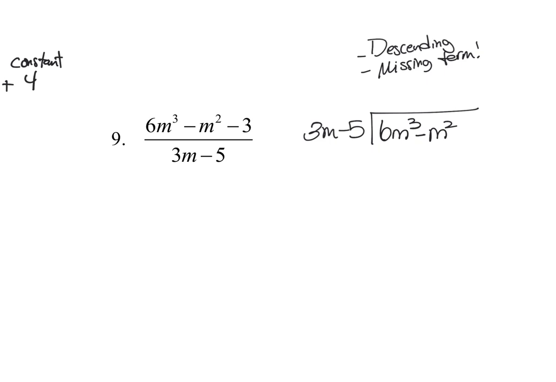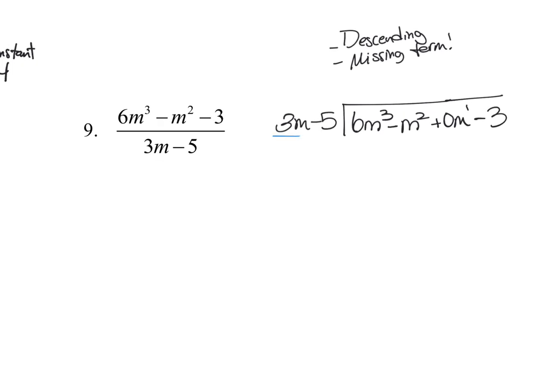What are you missing? You're missing to the first power, the linear term. So you want to put a placeholder in there when you're actually doing the computing and the dividing. And now I can put my constant. So going down, 3, 2, 1, none. So I'm good. I can get started now.